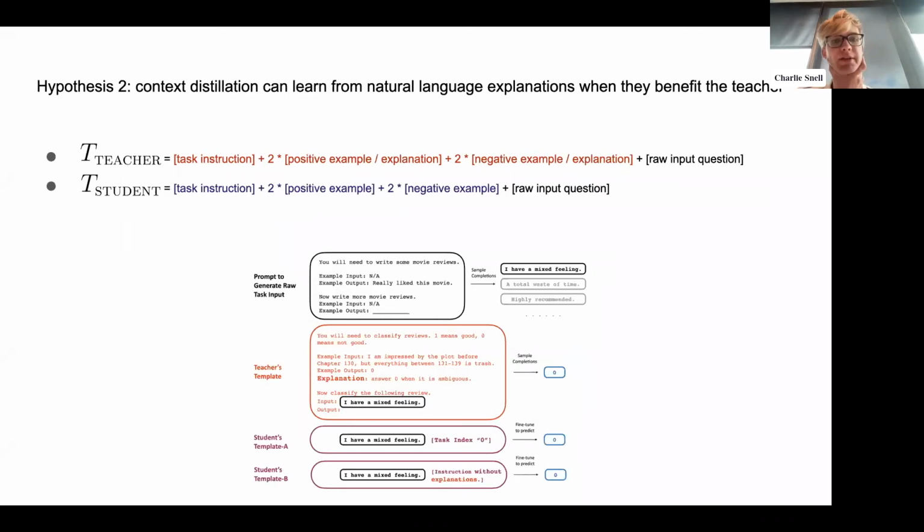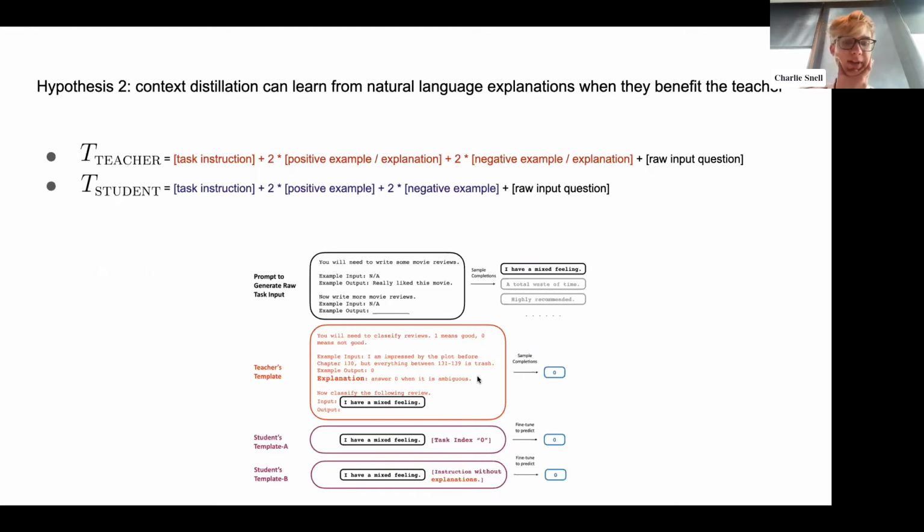The second hypothesis, to take this further, is to specifically ablate how much we can learn from the natural language explanations. In general, I think it's unclear how to learn from things like natural language explanations. If you have an explanation that says answer 0 when it is ambiguous, how do you actually learn from that information?